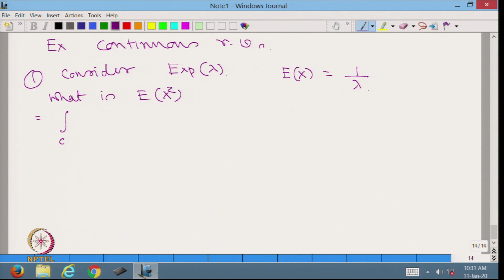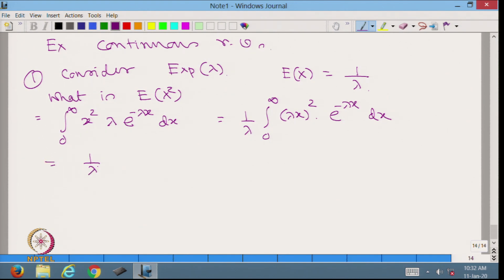This is equal to integration 0 to infinity x square into lambda e to the power minus lambda x dx, which is equal to 1 upon lambda into 0 to infinity lambda x whole square into e to the power minus lambda x dx, which is equal to 1 upon lambda square 0 to infinity lambda x square e to the power minus lambda x into d lambda x.